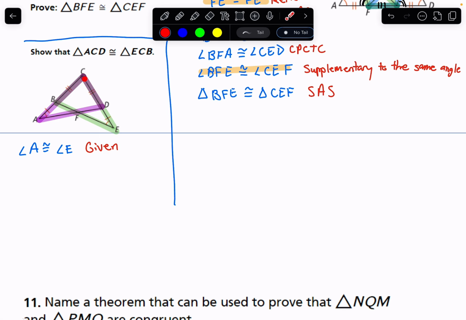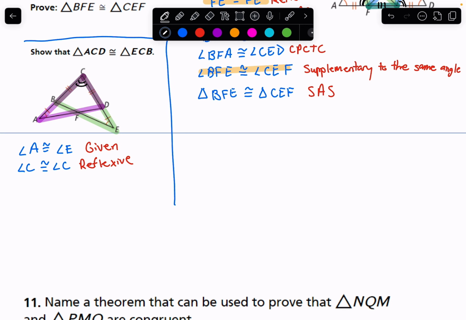Angle C is one of the angles in our purple triangle, but also angle C is one of the angles in our green triangle. So angle C has to be congruent to itself. It's in both triangles, so it's got to be one of our congruencies. So angle C is congruent to angle C. That's our reflexive property. I can go ahead and mark it on my diagram with 2 arcs, even though it only exists in one spot. That's okay. That angle is congruent to itself.